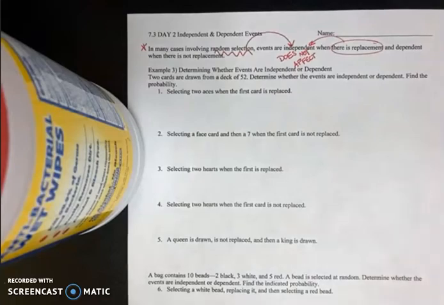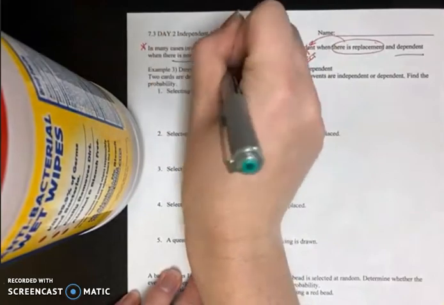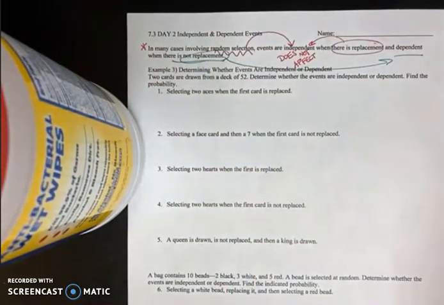But something that would be dependent would be when there is not replacement. So that would be exactly as the example was that we had before. What's the probability of pulling out a lemon twice? Well, the first is 2 out of 3 because there were 2 lemons out of the 3 pieces of fruit.